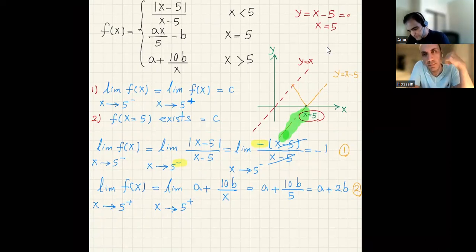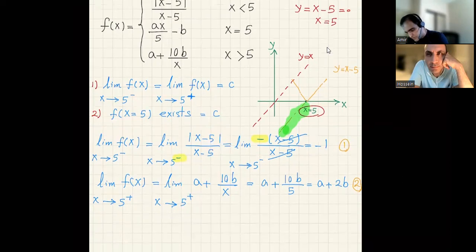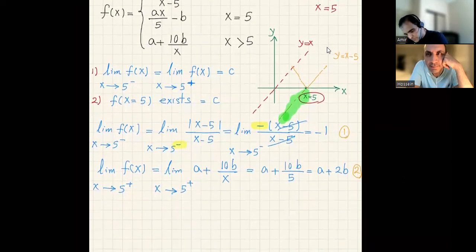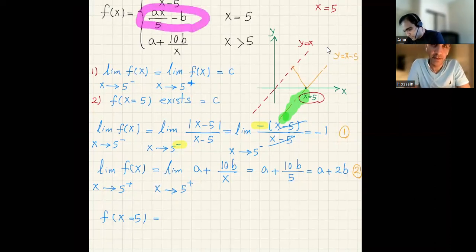So f of x at 5 is equal to this one, the second statement.